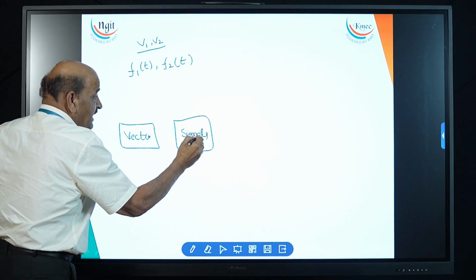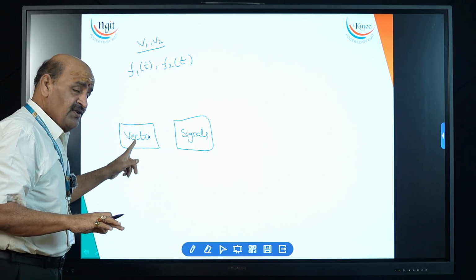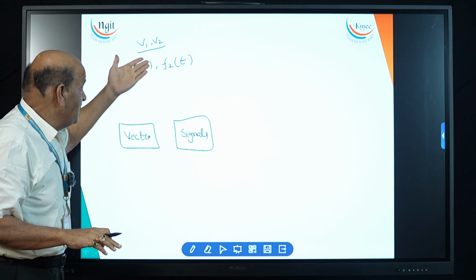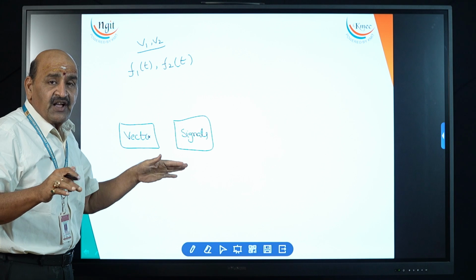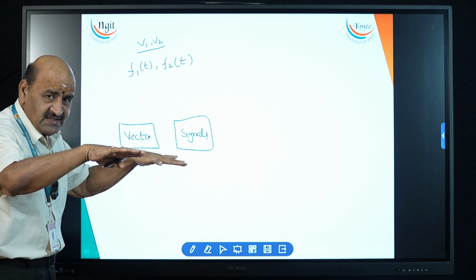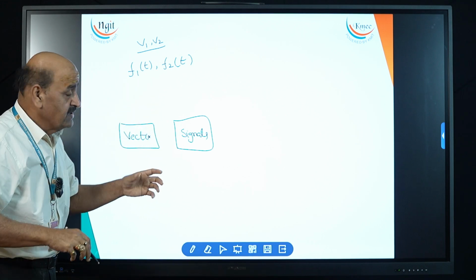Can we compare signals with vectors or vectors with signals? That is the main concept of this analogy. What is the common factor, the common principle between these two different domains? We are going to find out that domain.